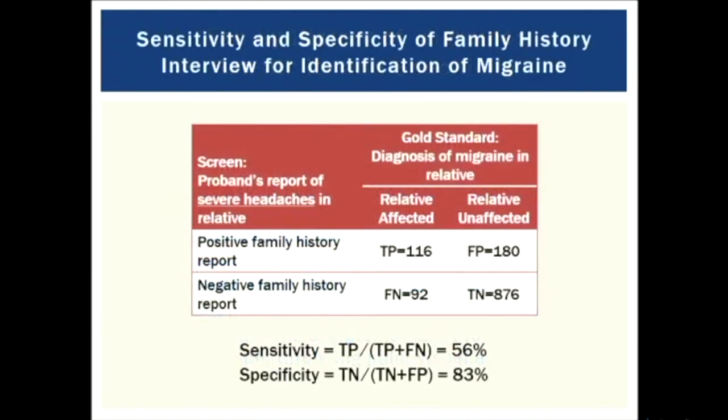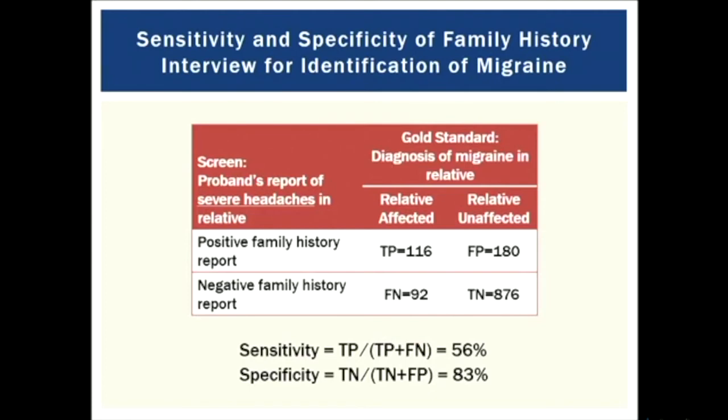And then we looked at the sensitivity of each of our interview questions for picking up the migraine diagnosis. Remember, sensitivity is, if a relative really is affected, what is the likelihood that the family history report was correct in calling him affected?